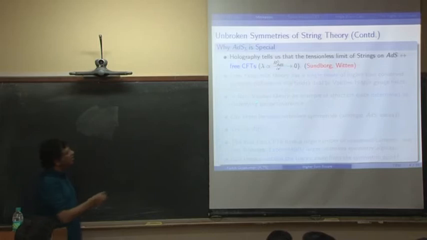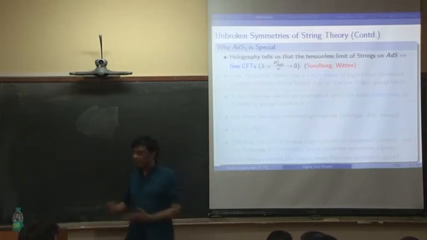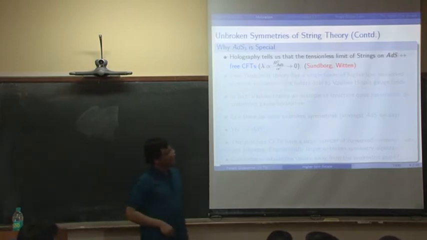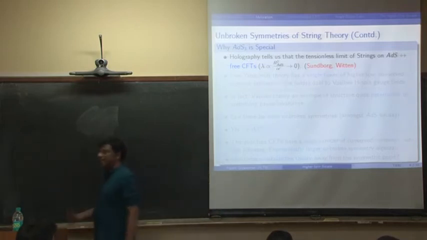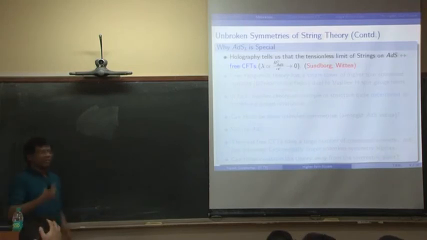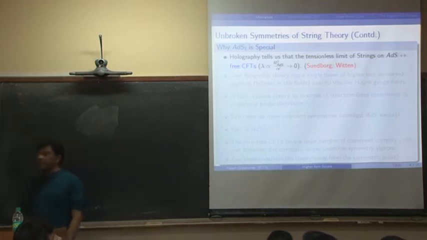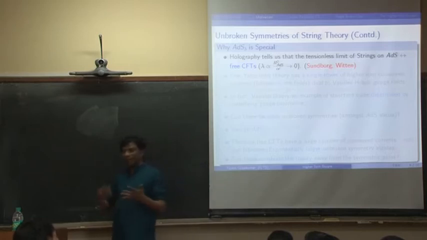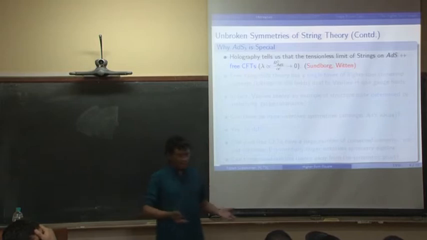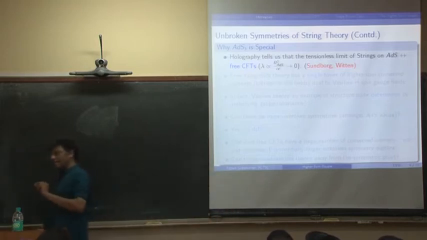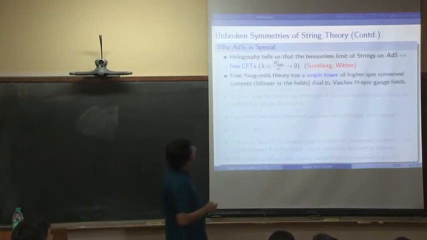And this was the observation that the tensionless limit is a very special point from the dual CFT side. There are free CFTs, free in the sense that they are Yang-Mills theories at zero coupling, which are not totally free, since they have the Gauss law constraint, but they are essentially the lambda goes to zero limit of the interacting theory.